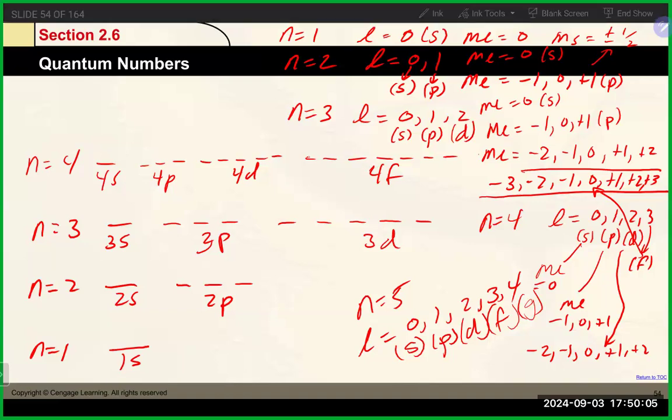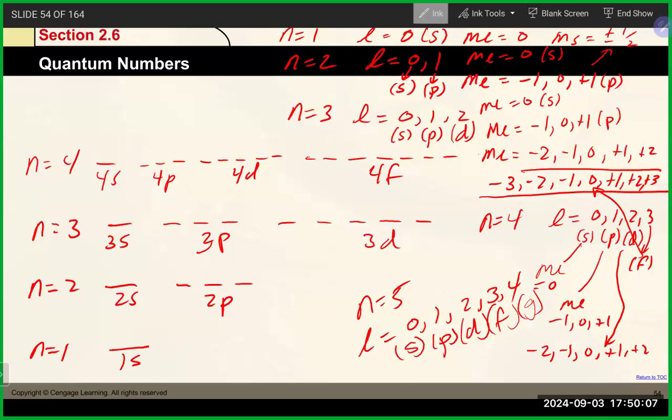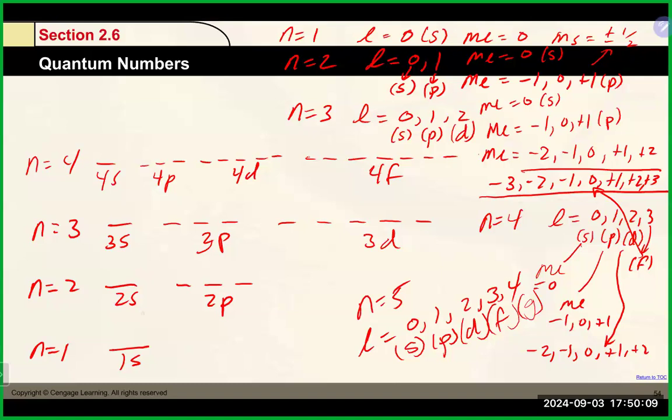So clearly, the way electrons go into the atom is they will go into the lowest energy level first and fill up, and then they'll go to the next and fill, and the next and fill, and so forth. So it will continue to fill this way, and this is what allows us to write electron configurations.